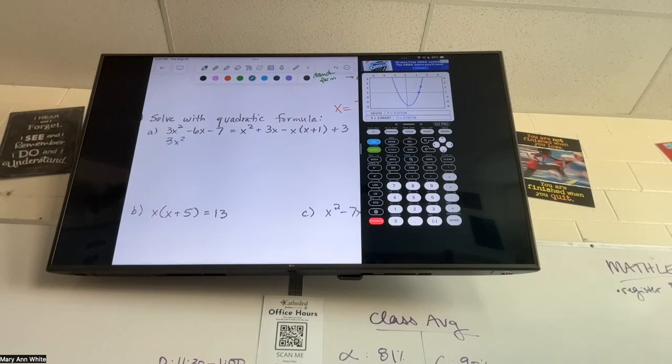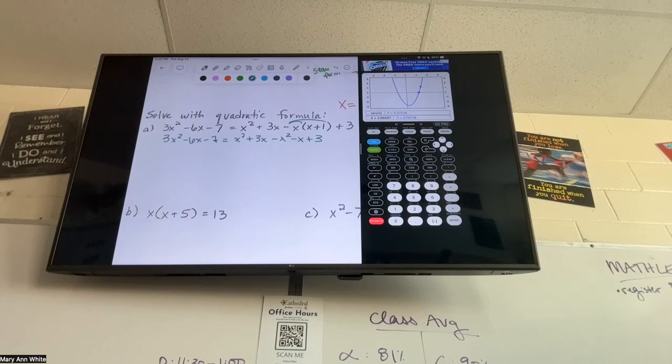I cannot simplify anything until I get rid of that parentheses in the second part of my equation. So I'm going to distribute negative x to x and negative x to 1. So I get negative x squared minus x plus 3. And then I'm allowed to get all my like terms on the left or on the right side of the equation.